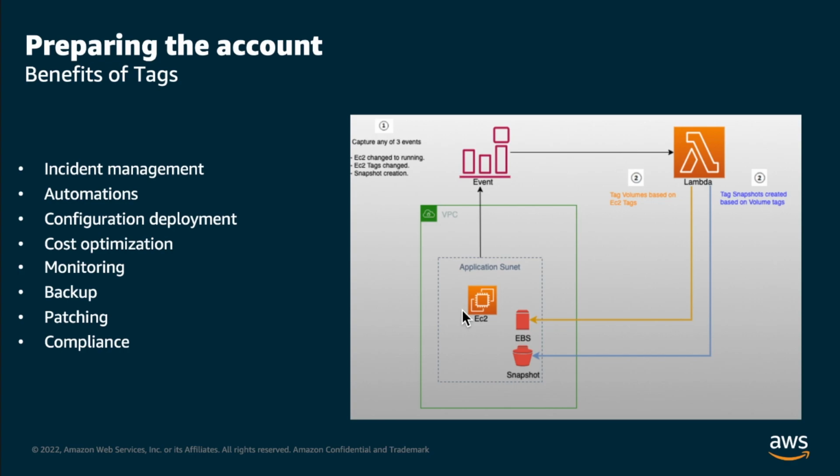Automatically this Lambda will update all the resources that are related to this EC2. So it will update EBS and snapshots, and also updates the drive mapping on EBS on the snapshots. So in case you need to do a DR, you know where to map those disks properly.